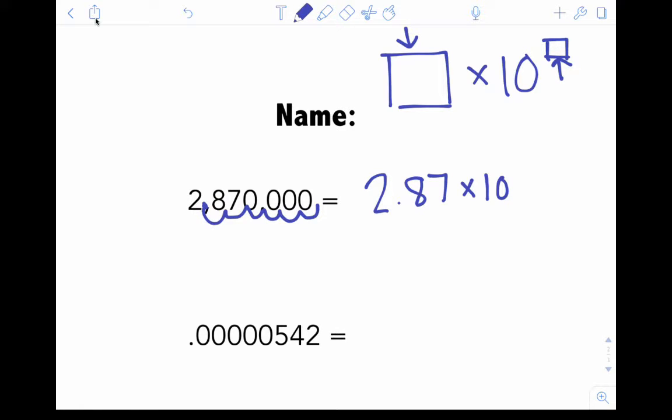So I have a 6 for my exponent, and then you need to figure out if that's positive or negative. This number is larger than 1, so that means that this exponent is positive. So this is your final answer right here.